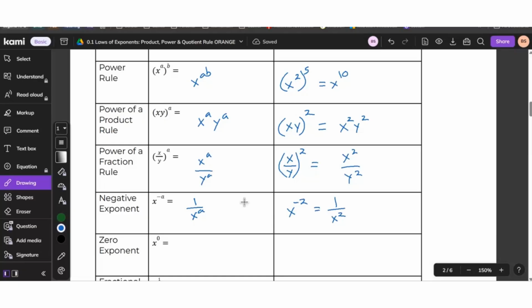So if I had 1 over x to the negative 5th, that is the same as x to the 5th, right? Because I would cross the line, put it on top, and make it positive. Does that make sense? Yeah? Cool.